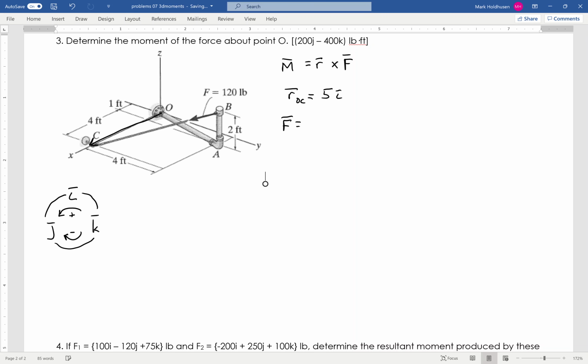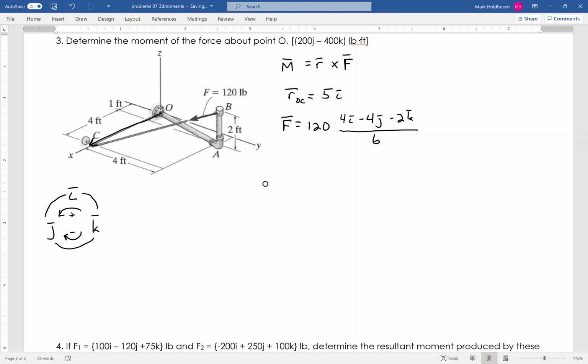Now I have to write my force vector in Cartesian form. So I take that 120 times the r vector from B to C, which is going to be 4i minus 4j minus 2k. And again, that's the position vector from B to C. I'm going to divide that by the square root of the sum of the squares, which gives me 6. 4 squared plus 4 squared plus 2 squared is 36.